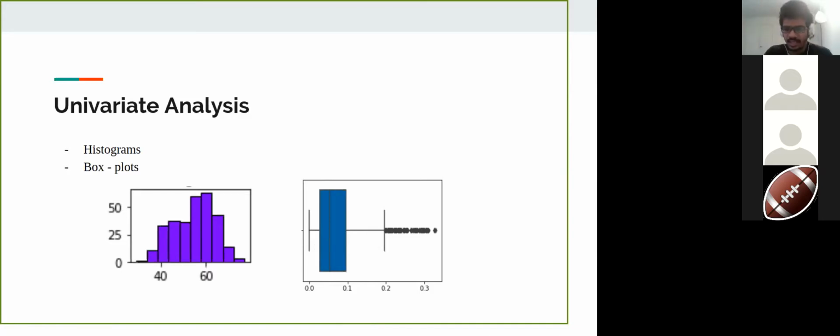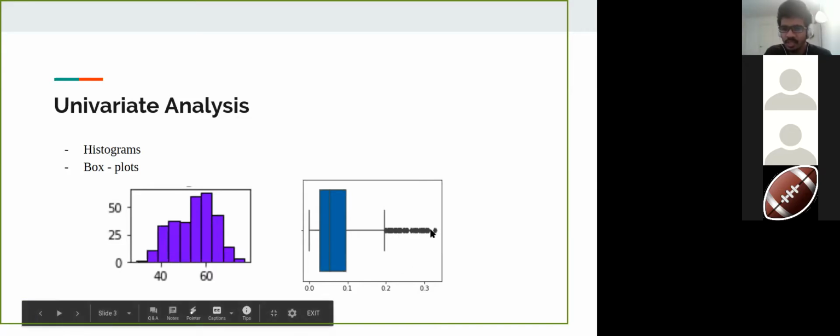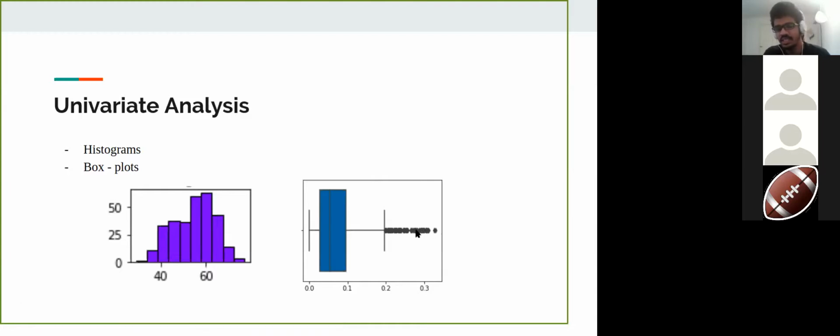They are not at the edge basically. They are at 1.5 quartiles from the median. And these dots that we see at the end are outliers basically. So a box plot, as we can see, gives so much information from one single plot, and that's the beauty of the box plot.